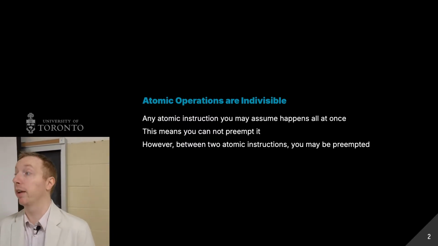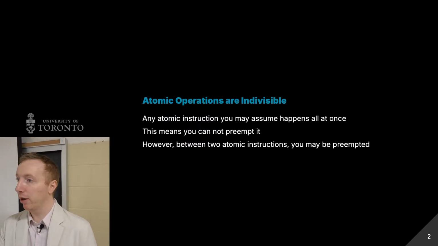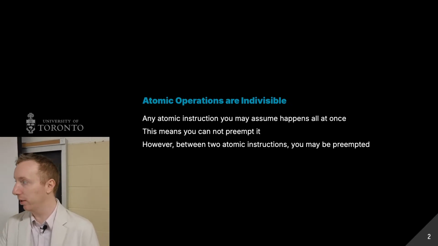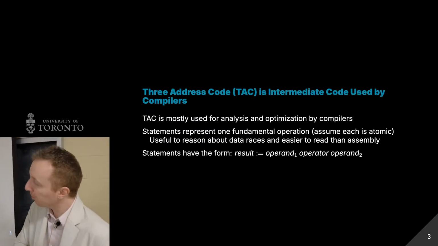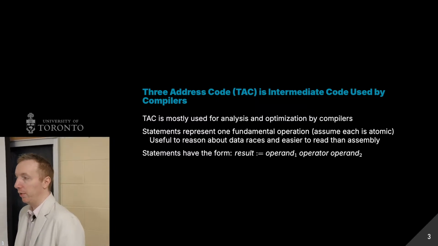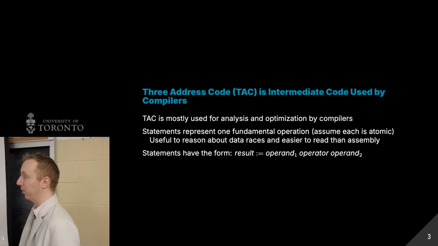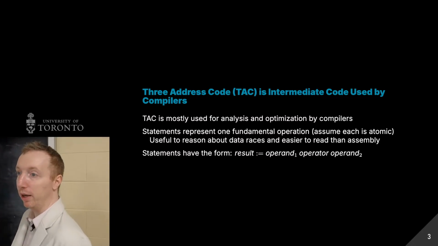And this makes arguing about our programs hard, especially with higher level languages where one line of C, even though C is not really that high level, translates into multiple atomic instructions. If you're interested in compilers at all, compilers don't take your C code and spit out assembly.